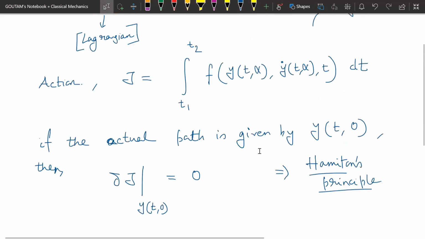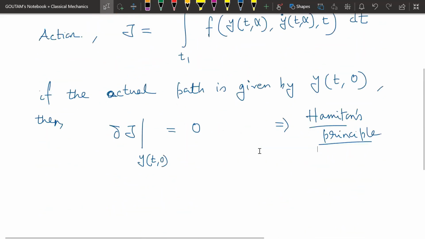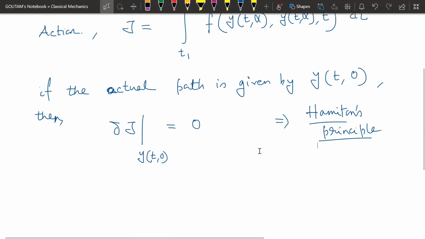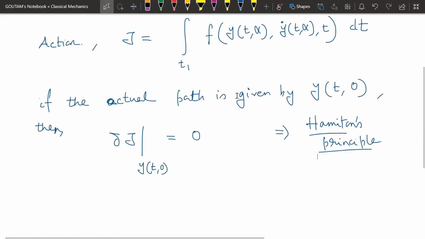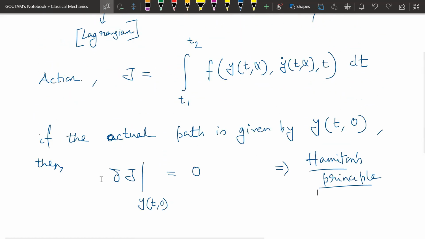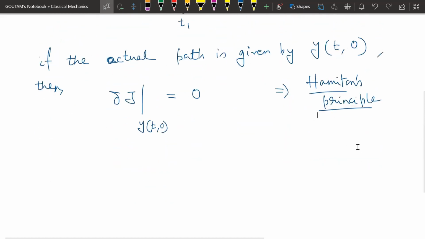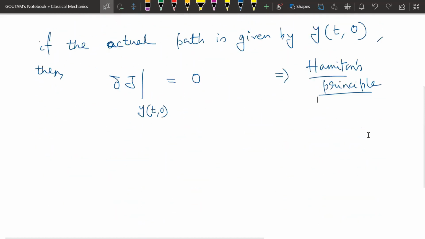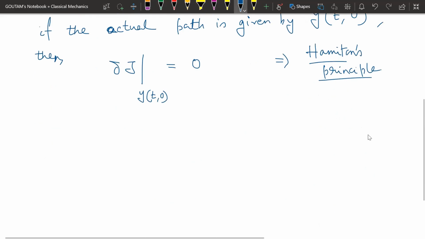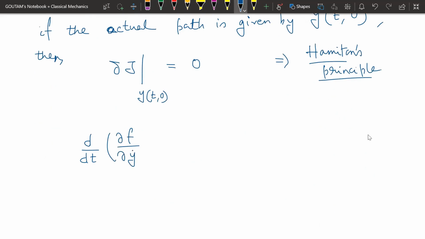From this Hamilton's principle, we derived that for the actual path, when this delta J is 0, the function will follow an equation like d/dt of delta f by delta y dot, minus delta f by delta y, equals 0.